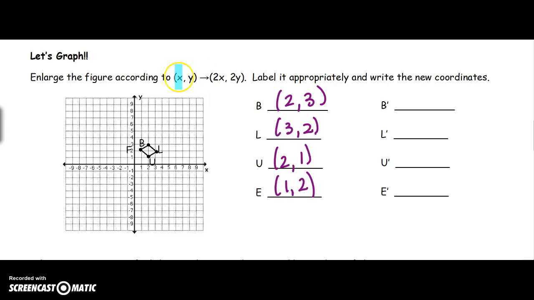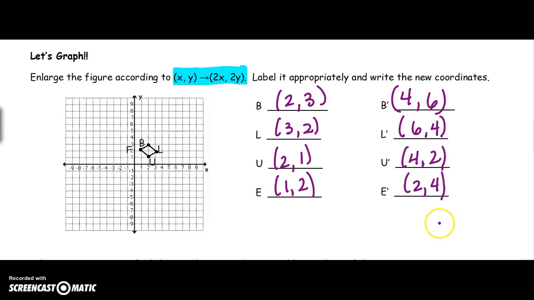I give you that your dilation is (2x, 2y). So what you do is you take each of those and substitute it in. So you have (4, 6), (6, 4), taking each x and substituting it in, each y substituting it in, so you get (4, 2).